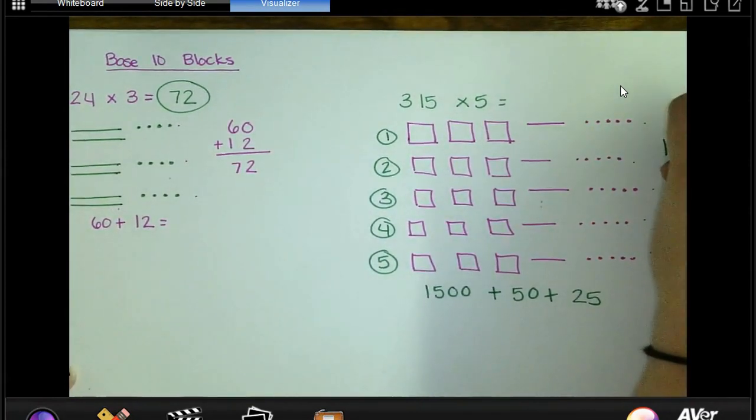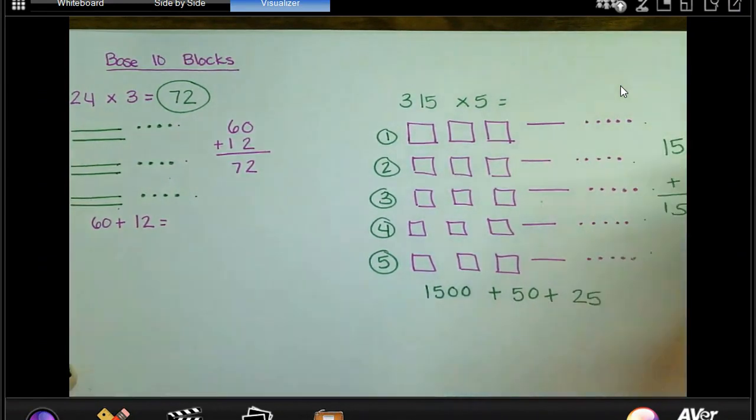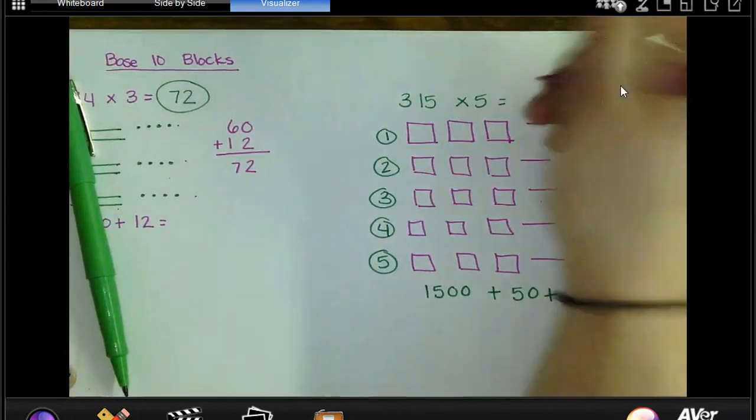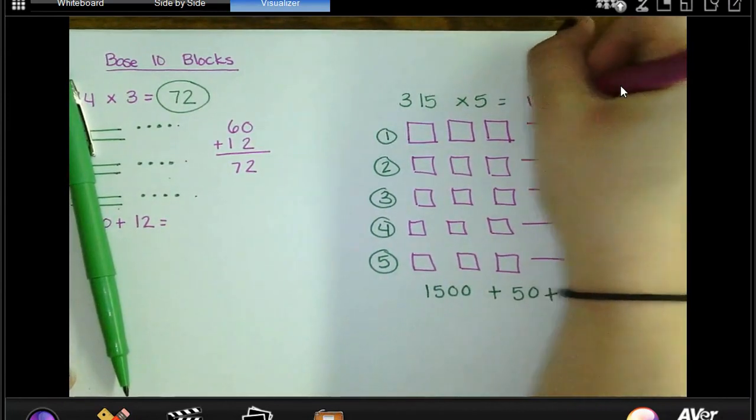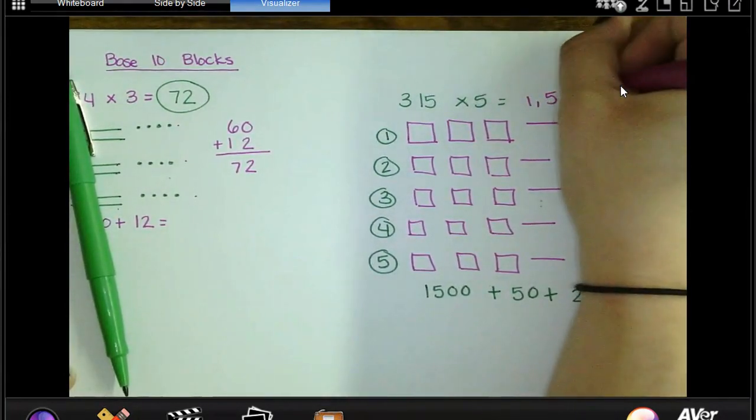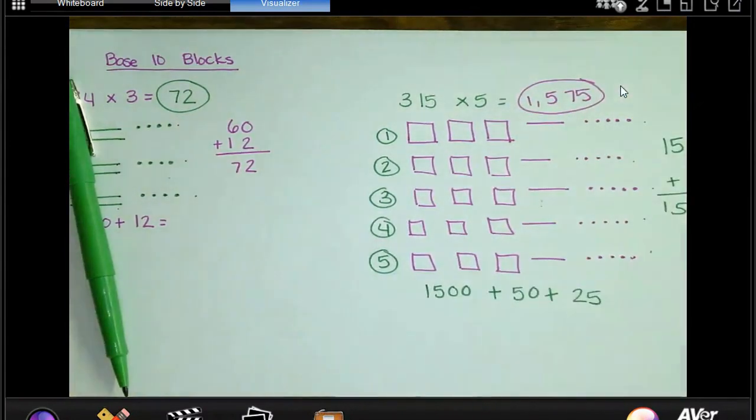Again, if they need the support, line it up vertically on the sides. And they should come up with the answer 1,575. So this is the first method.